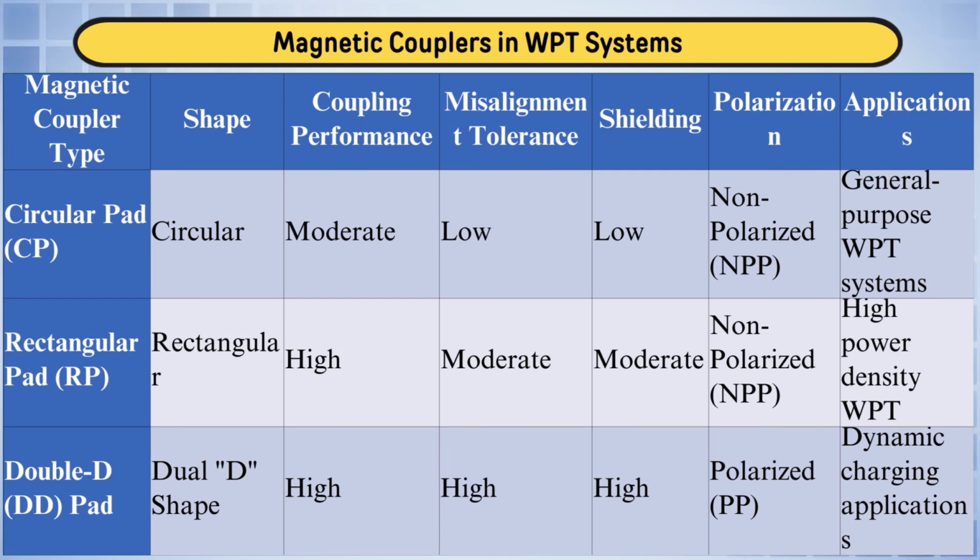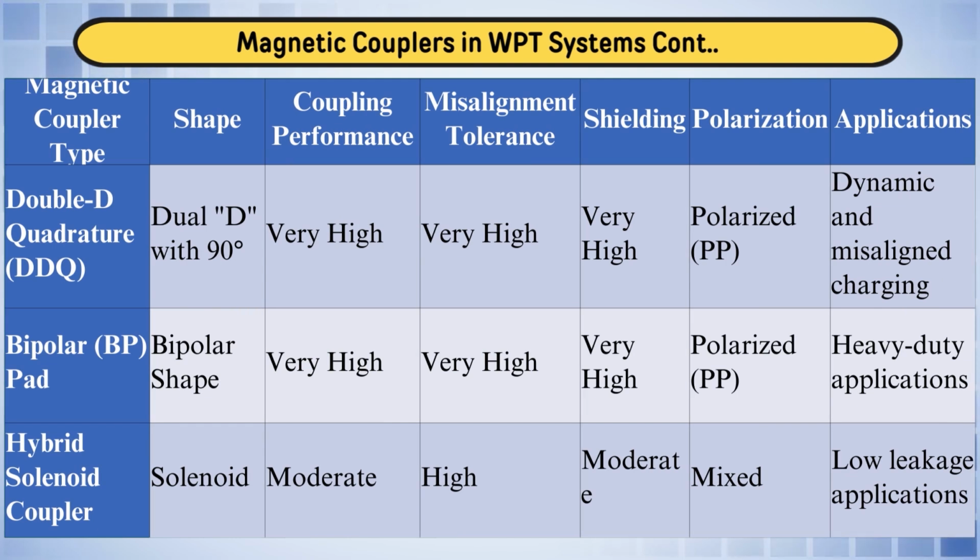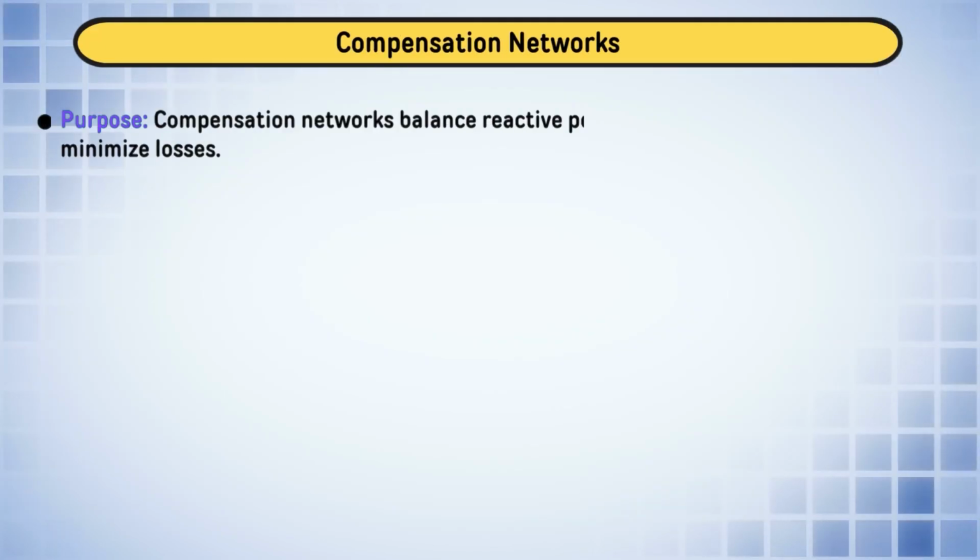These nonlinear controls include sliding mode control for robustness when any disturbance is happening, and MPC, model predictive control, to optimize the dynamic performance.